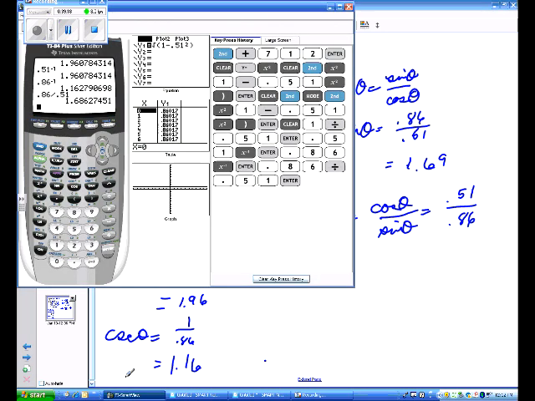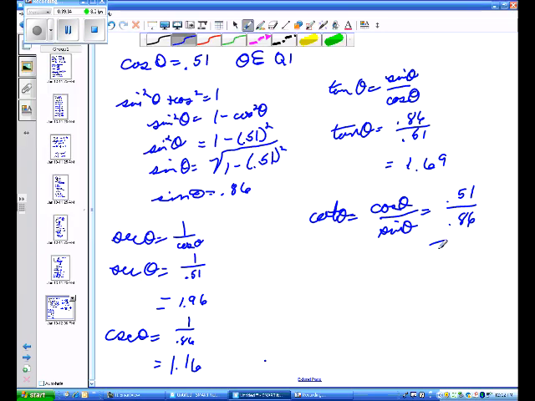Going to our calculator, we have 51 hundredths divided by 86 hundredths, or 59 hundredths. So you can use your identities along with the calculator and come up with approximations.